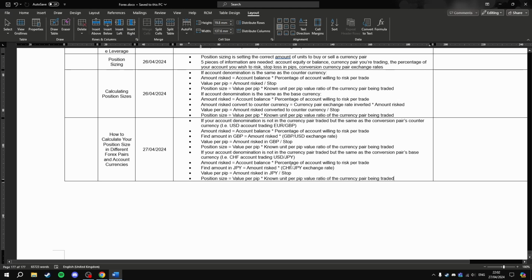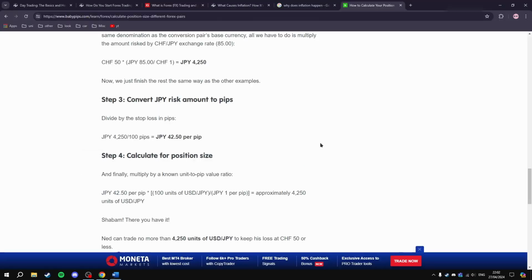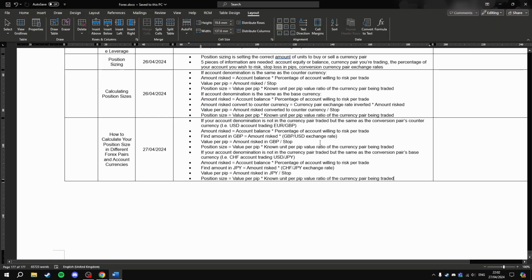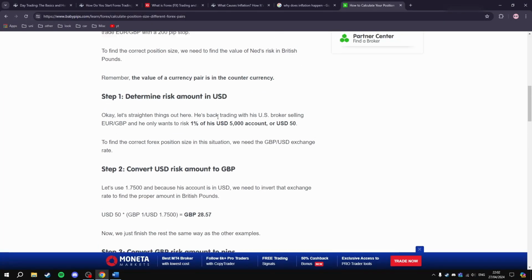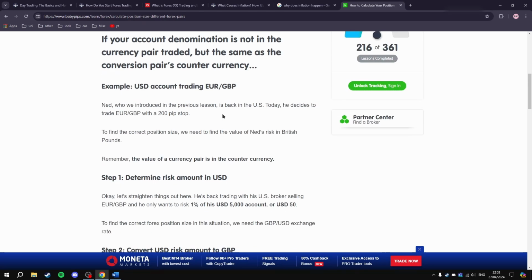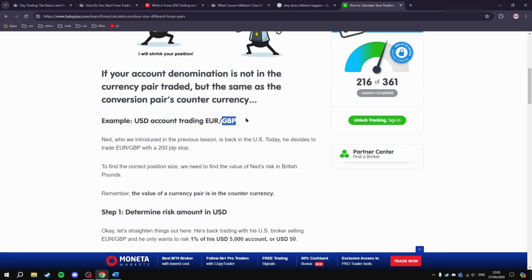I still don't get how, because these two examples say the conversion pair's base and counter, but they're still not in there though. The value of a currency pair is in the counter currency. This is the counter currency, right?